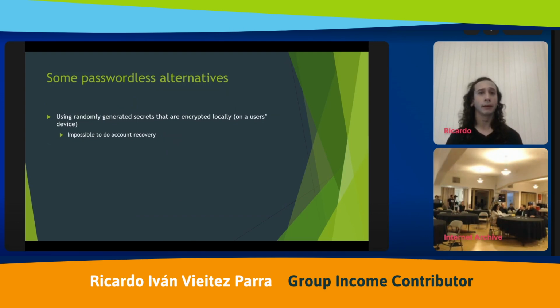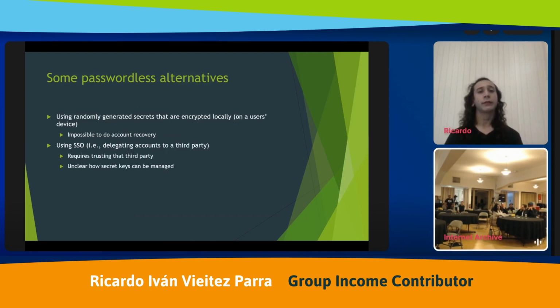So let's say that the user registered on their phone, and then for whatever reason they lost that phone, or it was stolen, or it was destroyed, or something happened to it, and then the user wants to log into their account using a different phone, and then they won't be able to do that because these secrets were created on that phone. So this is not ideal in that sense.